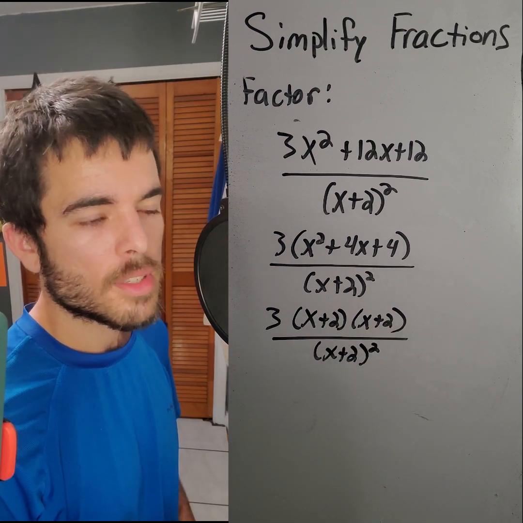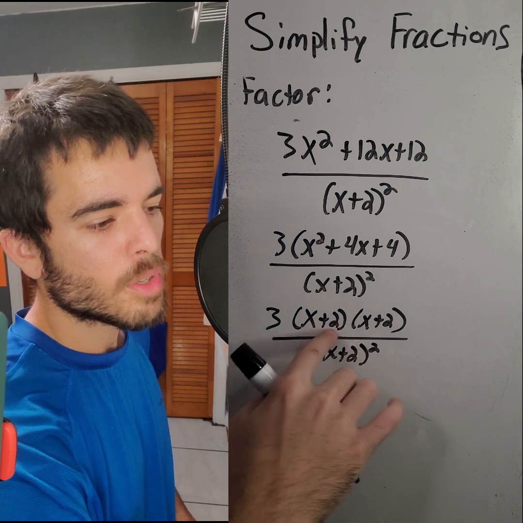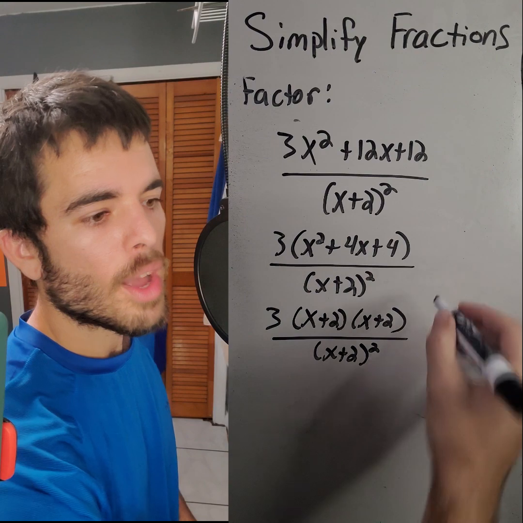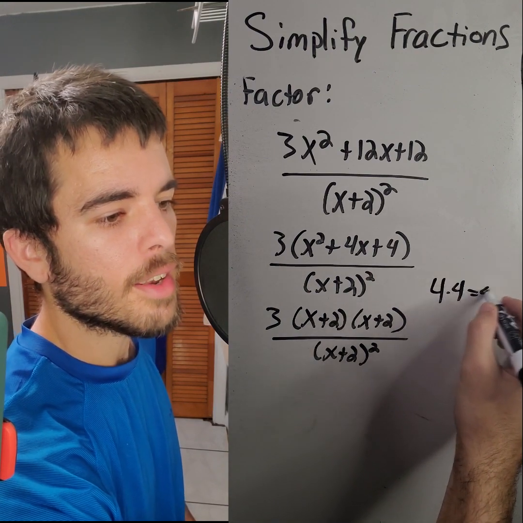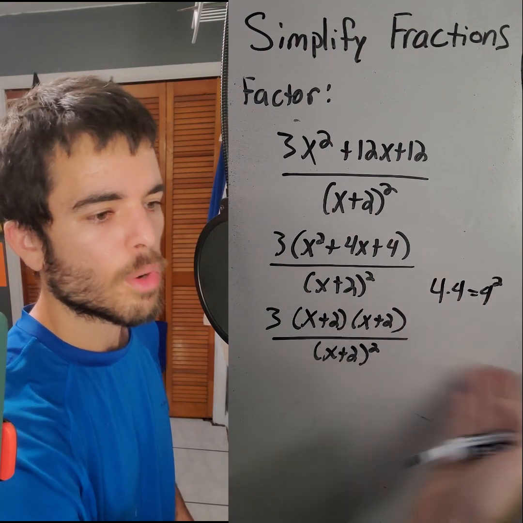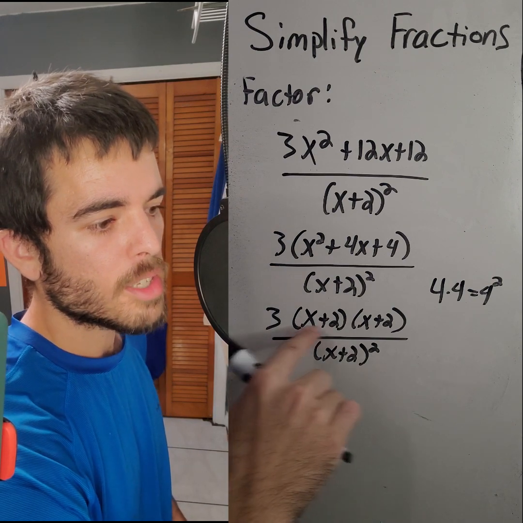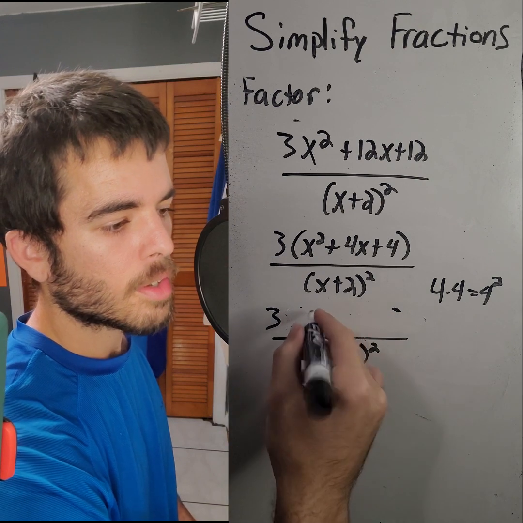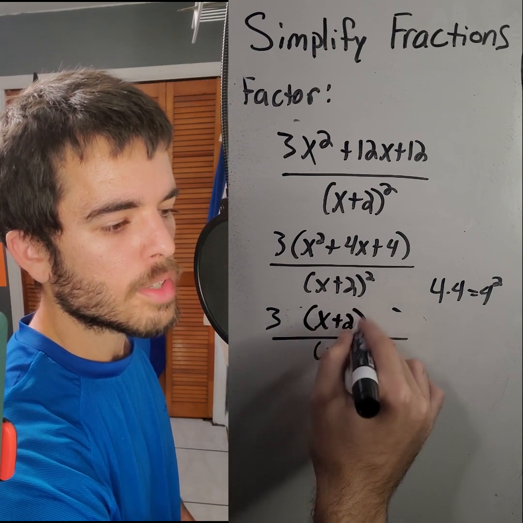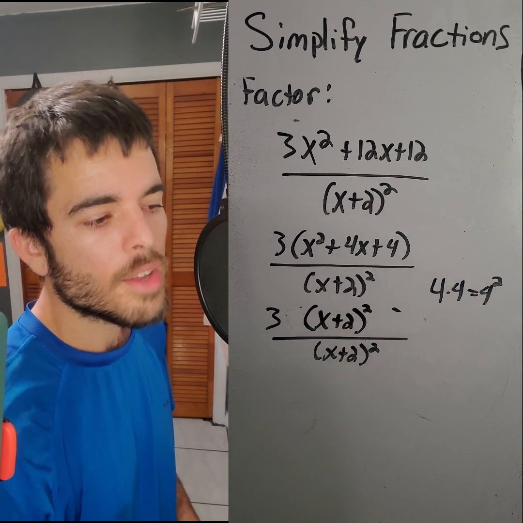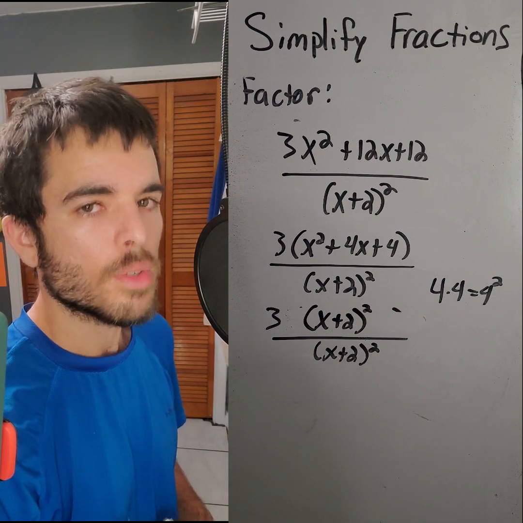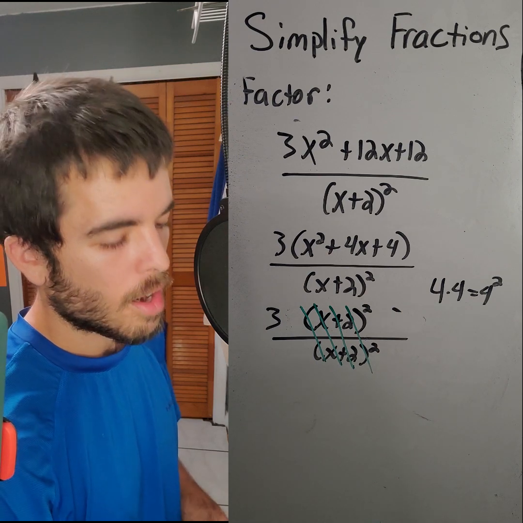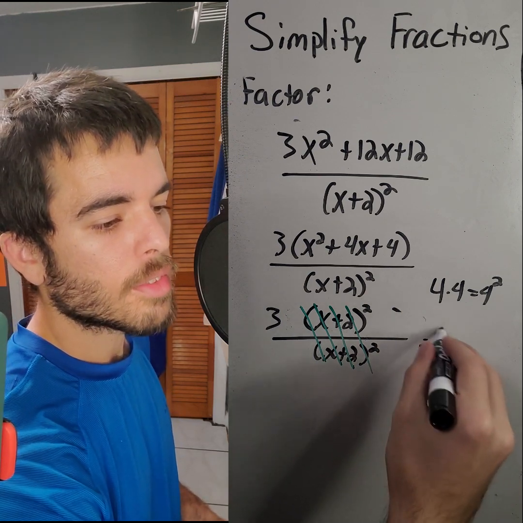One more step to help us see what happens is to rewrite x plus 2 times x plus 2 as x plus 2 squared, because we know anything times itself can be rewritten as itself squared, like 4 times 4 equals 4 squared. So don't be intimidated by the fact that we have a group here. We can still write it as x plus 2 to the second power. Hopefully now you can see that those groups completely cancel, top and bottom, making our life a lot easier. Our final answer in this example is just 3.